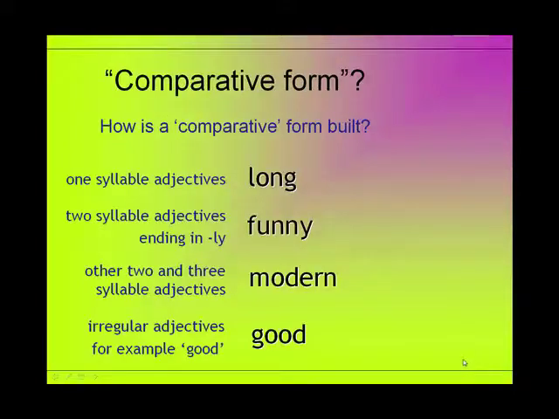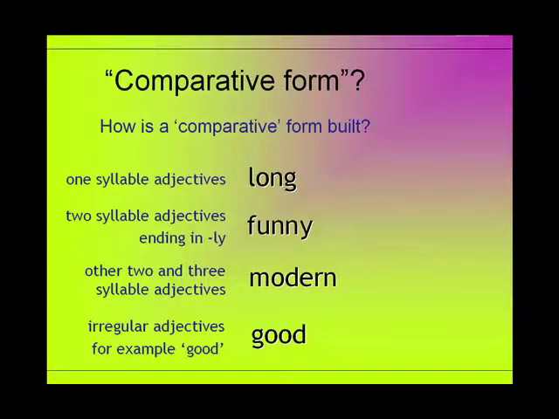How do we form the comparative of adjectives? What really matters when writing is to pay attention to the adjective: if it's long or short, and its ending. If it's short, such as long, long is a short adjective, okay? It's only one syllable.